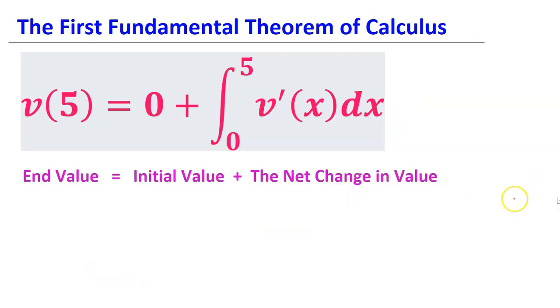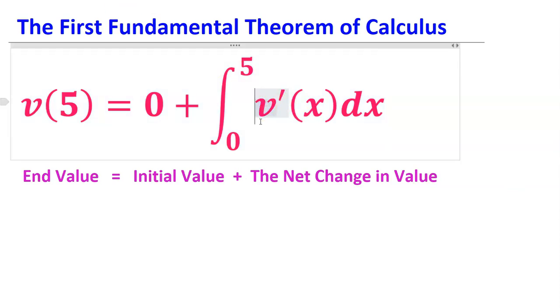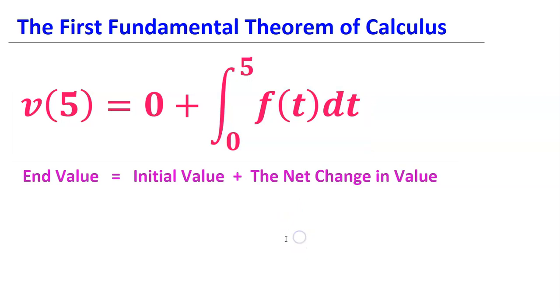So I can make that substitution as well. So here where you see v prime, this really is just f at t. And I guess I'll just go ahead and put the t's as well. So we have rewritten the fundamental theorem of calculus to match the problem that we have.